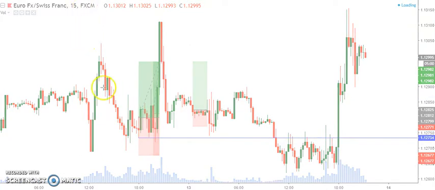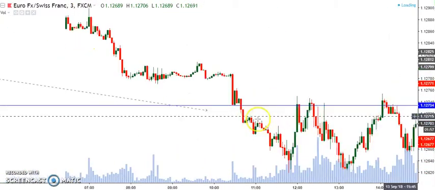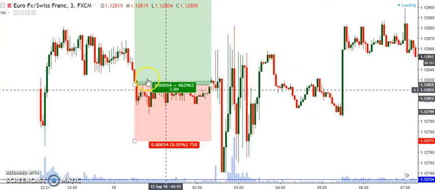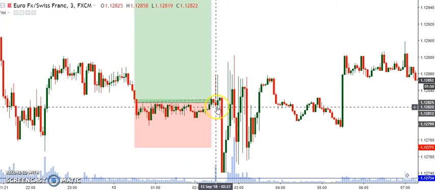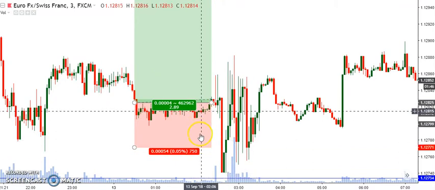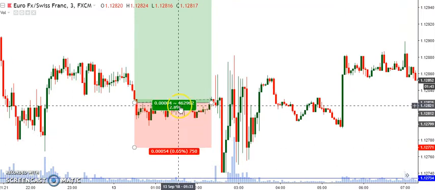But there's another part to this story, that is I actually got spiked out in this trade due to the trade being open and with a bit of a small stop, almost 6 pips stop loss.